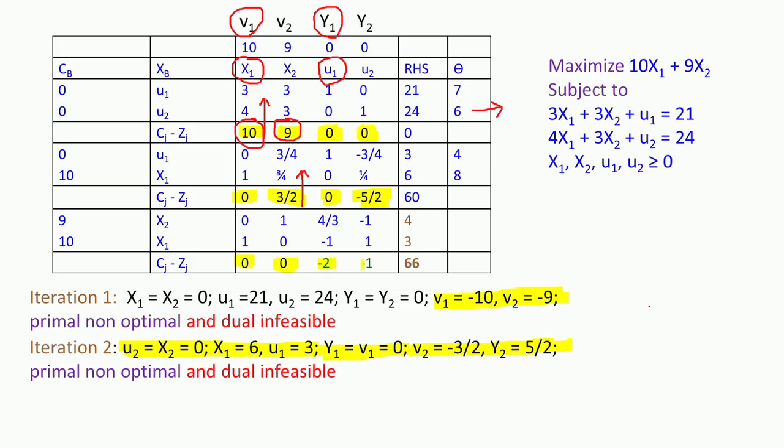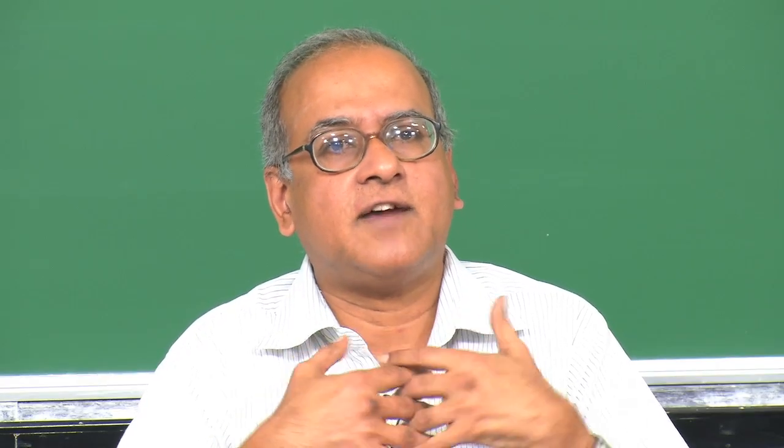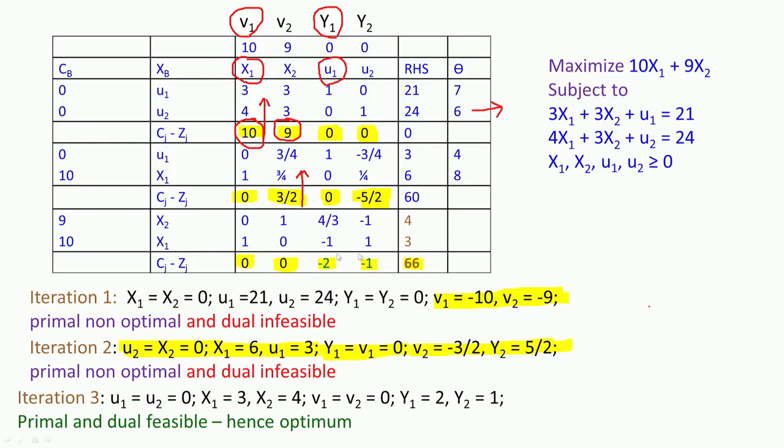Negative of the Cj minus Zj, so y1 equal to 2, y2 equal to 1 is actually feasible to the dual, and therefore it is optimum with 66. Now you realize that is shown here. So in iteration 3 you realize y1 equal to 2, y2 equal to 1, it is optimum. So negative of the Cj minus Zj is actually the value of the dual, and under u1, u2 you will be able to see the value of y1, y2 with a negative sign. So 2 and 1 is the solution.